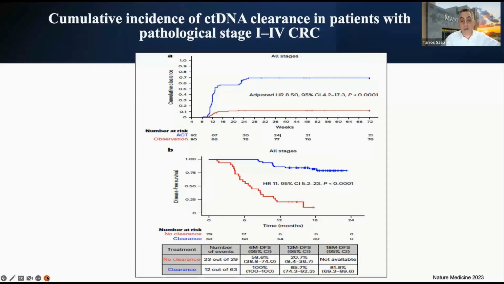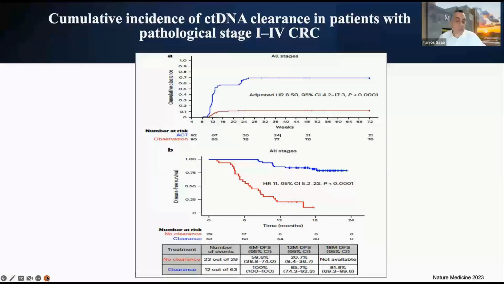Very interesting outcomes. When you look at the 1-year disease-free survival, only 20% of patients were disease-free and alive if they had no clearance, versus 86% if there was evidence of clearance of their circulating tumor DNA with adjuvant chemotherapy.